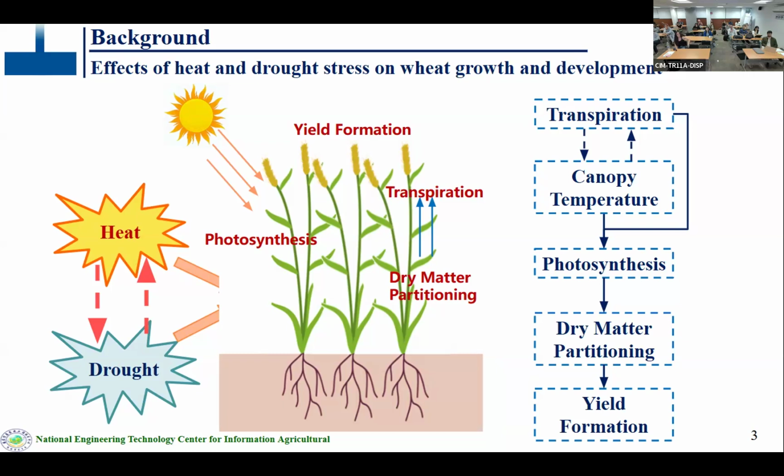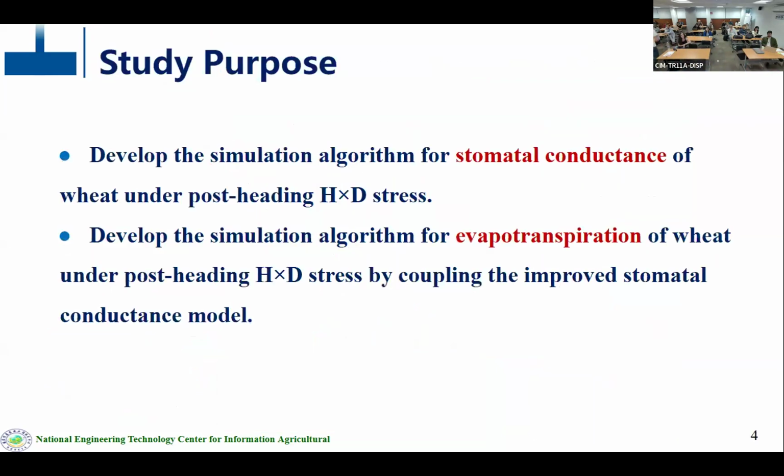So we think the thermal conductance and the transpiration are very crucial and basic for simulation. Our study purpose is firstly to construct a new algorithm to quantify the heat and drought interaction, and secondly to improve the prediction of thermal conductance and evapotranspiration using the new algorithm.